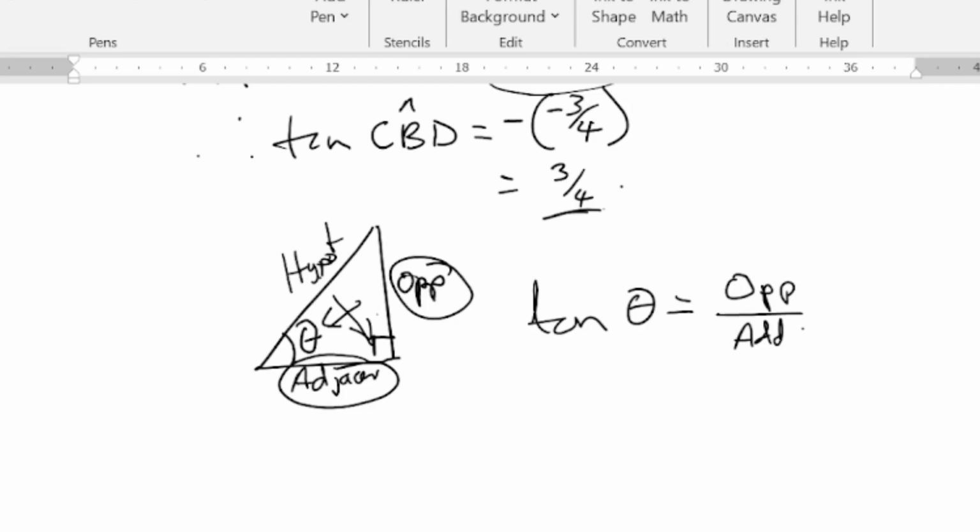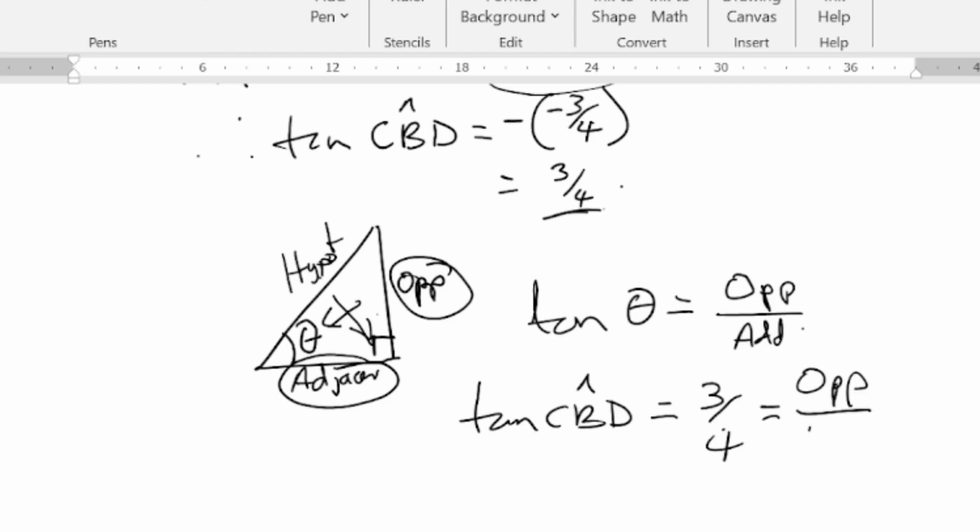So if we are given that tan of CBD is equal to 3 over 4, there is the opposite side over the adjacent side.